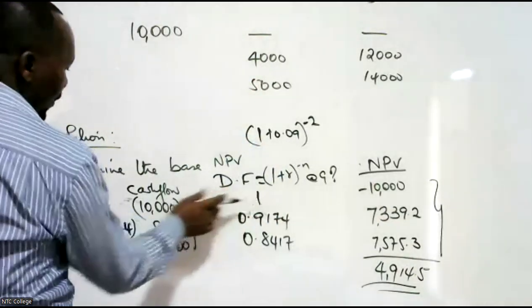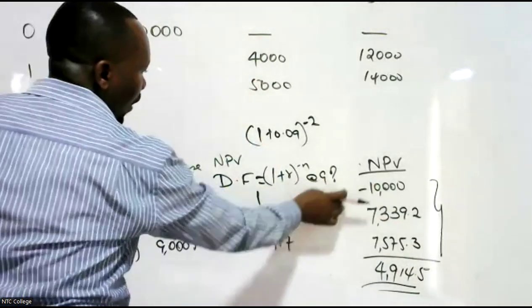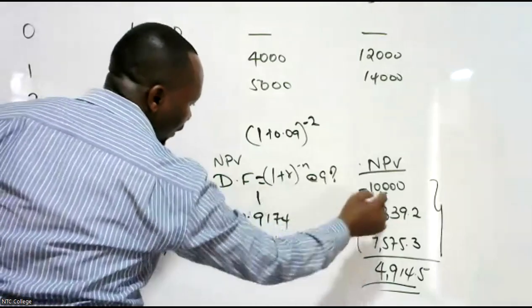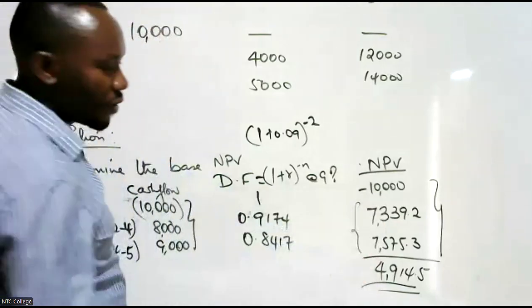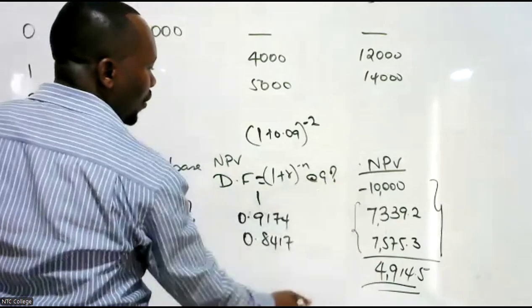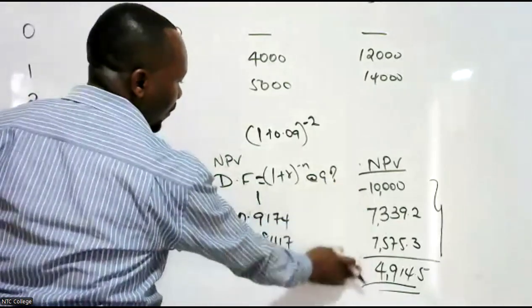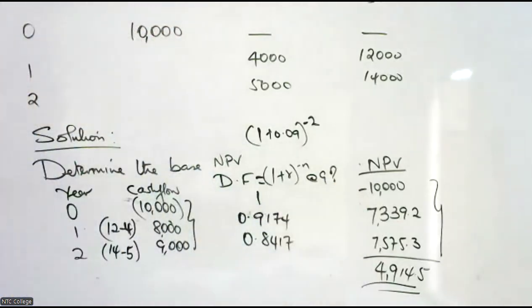If you ignore the initial outlay, whatever you get here, that 14,914.5, is called present value. So present value minus initial outlay becomes the net present value. So the answer is 4,914.5. That is now the base NPV.